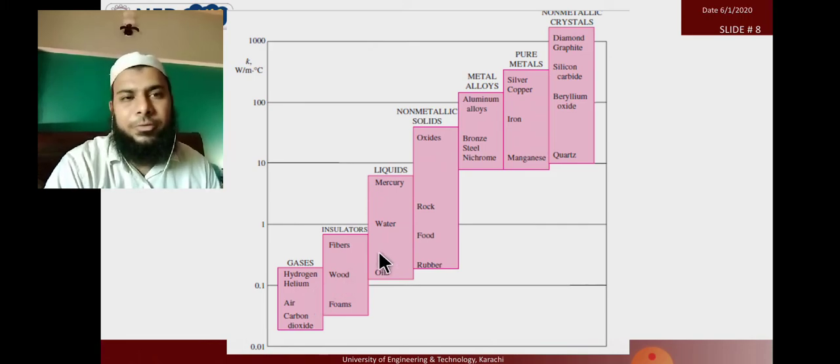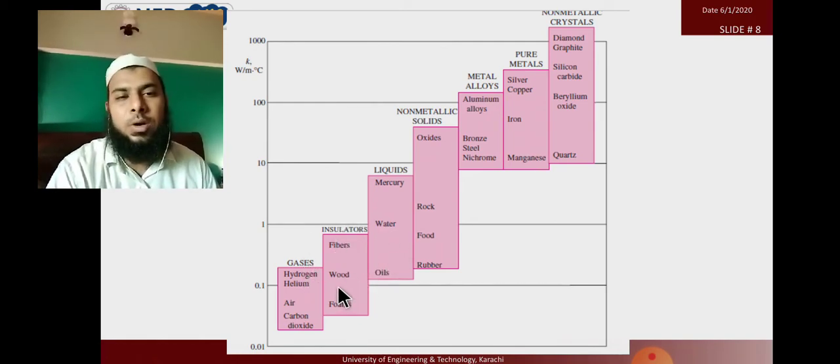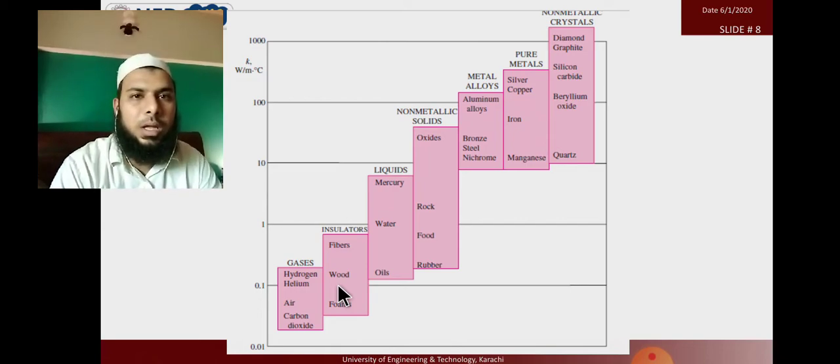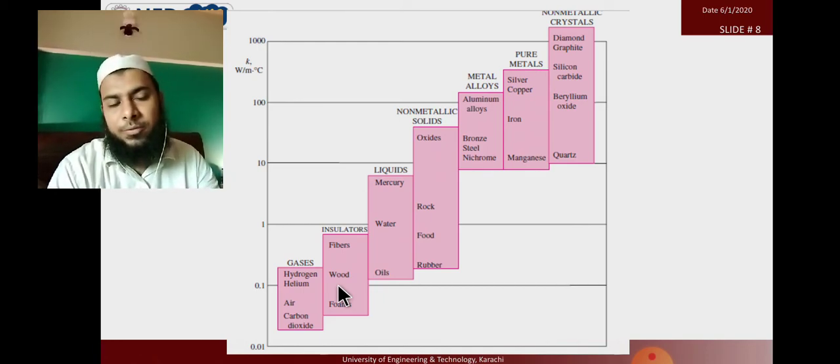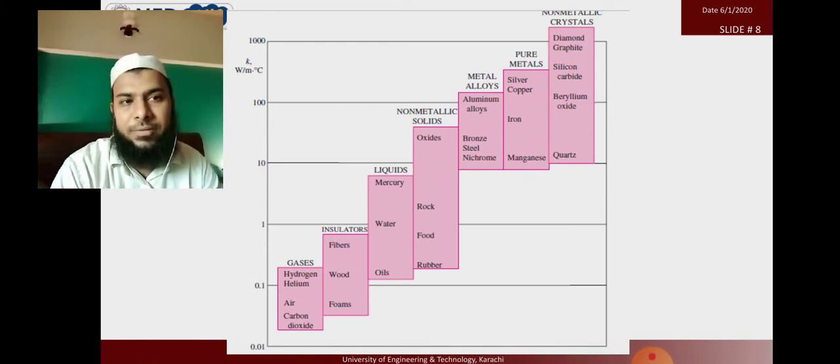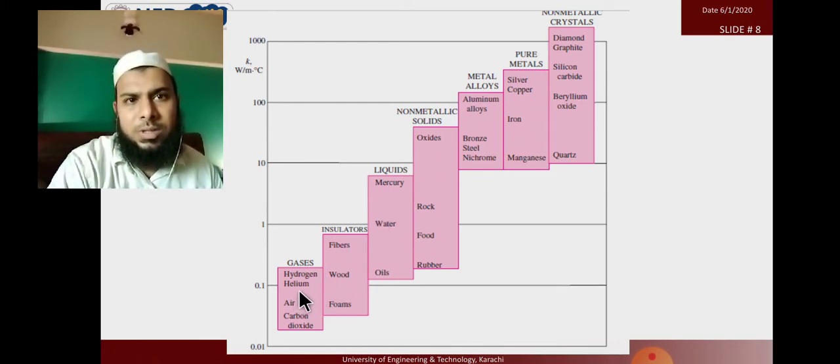What are the applications of conduction in your particular field? They relate to insulation, because we apply insulation in construction of buildings and homes to avoid heat trapping inside the room, or in winter to avoid heat loss from inside to outside of the room, just like we did in the numerical.